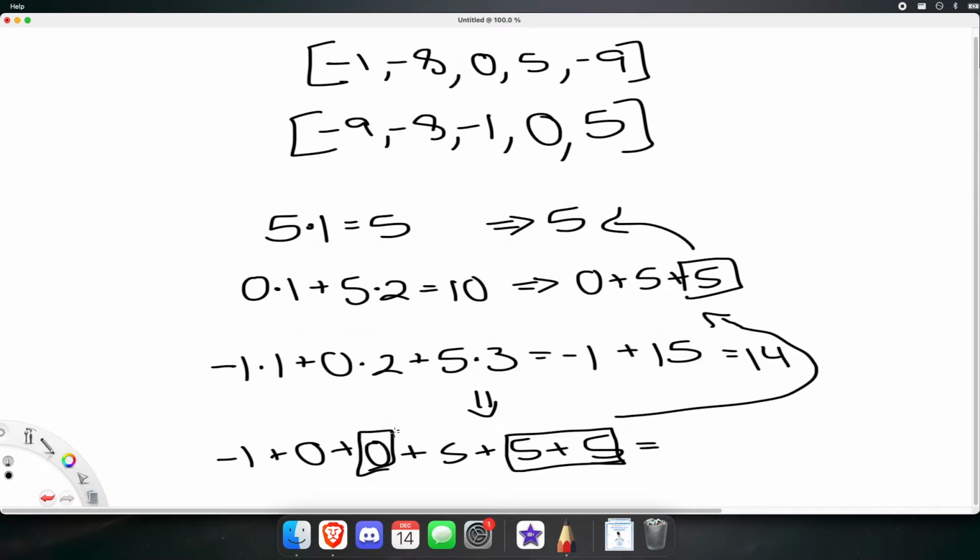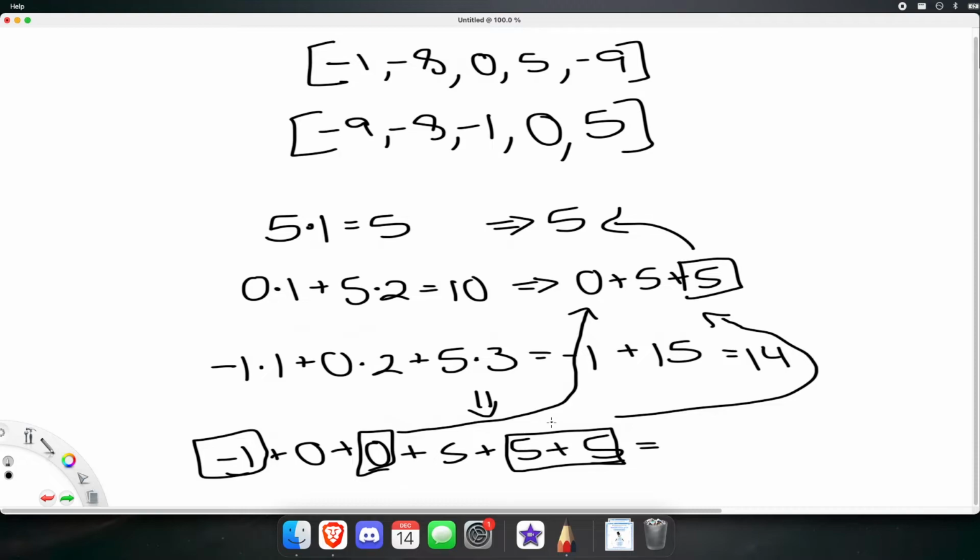This first 0 also came from right here. So we're adding the -1, the new value we're currently on, then also adding a 0 and 5, which is the previous values without taking into account the multiplication. And this is a big part of the pattern, that every time we're adding a negative, we're also going to be adding the sum of the positives.